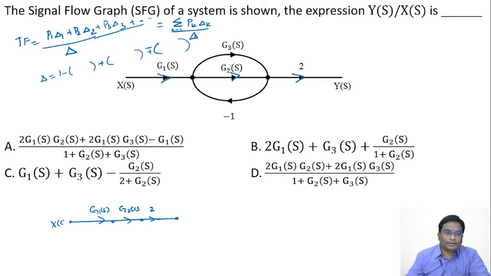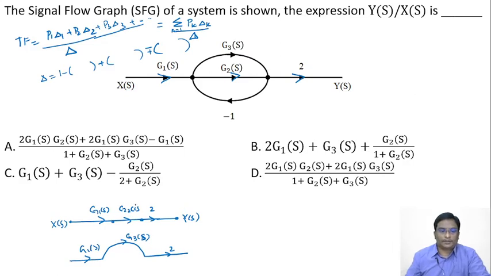This is X(s), this is Y(s). And this is another forward path, with 2 and G3(s). I take G1 only instead of G1(s). So I have two forward paths.